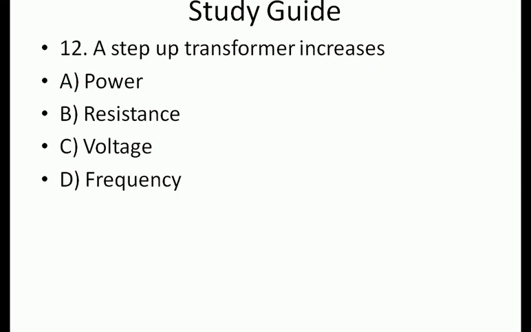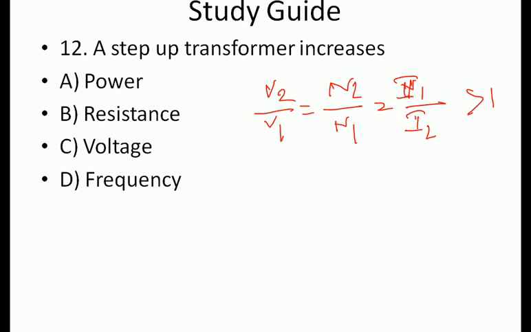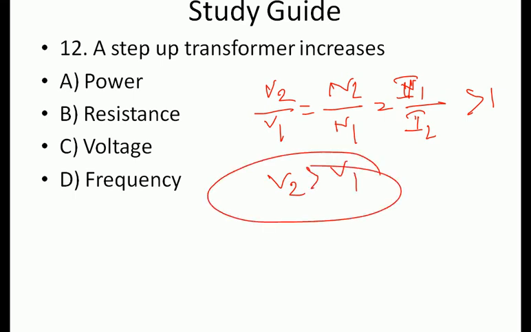A step up transformer increases. What is the equation for the step up transformer? V2 by V1 equals N2 by N1, and that equals I1 by I2. So if it is greater than 1, step up, that means V2 is greater than V1.